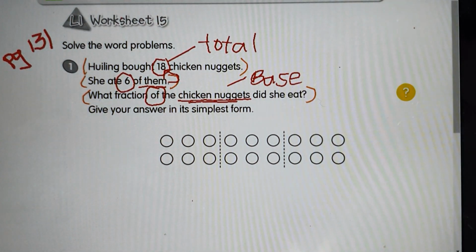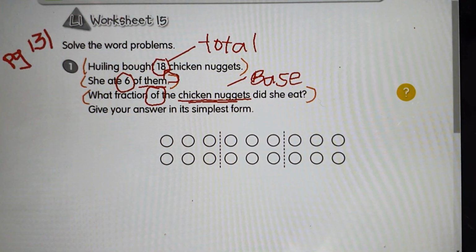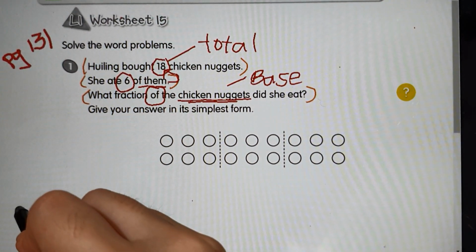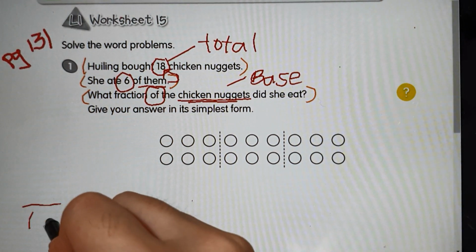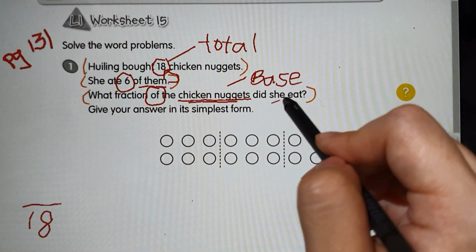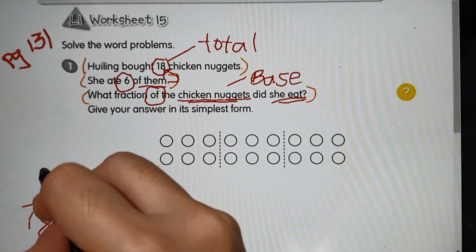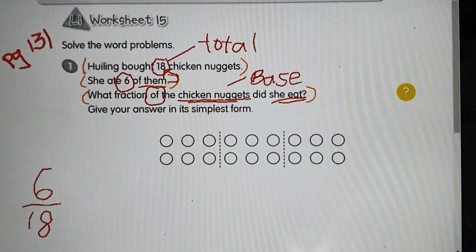Okay, which in this case refers to the chicken nuggets, and the total chicken nuggets here that we have is actually 18. So I know that my denominator is going to be 18. What about my numerator? I'm interested in the number of nuggets that she ate, and I know it's going to be 6. So my numerator is going to be 6.